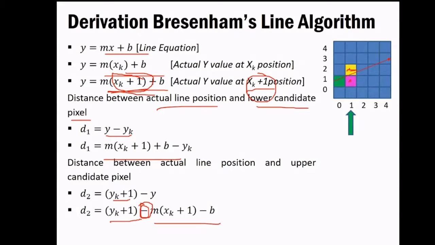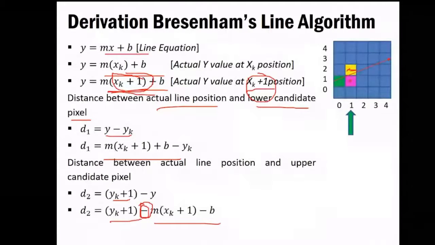I am showing you the pixel value also, so that you get an idea of why we are adding 1 to this thing, or why we are subtracting anything at this point. Because we want the distance, we need to subtract it also. So write it down in your notebook. Now you have two values, that is d1 and d2. Okay, fine.